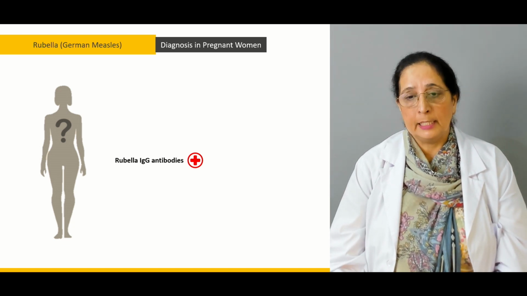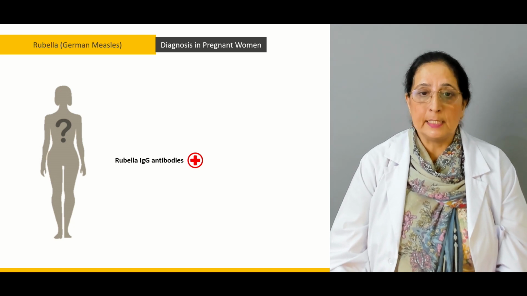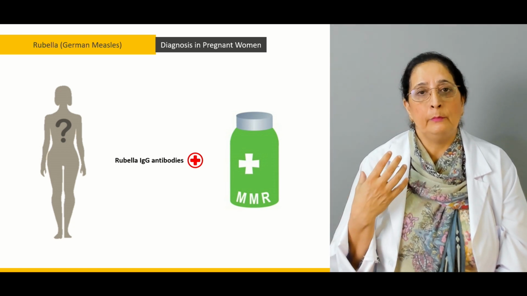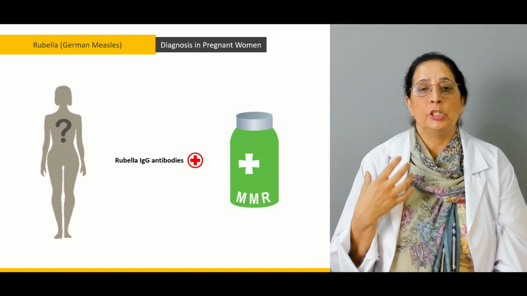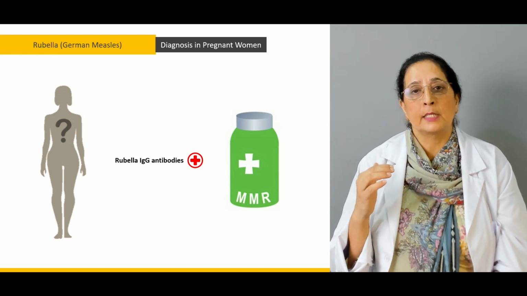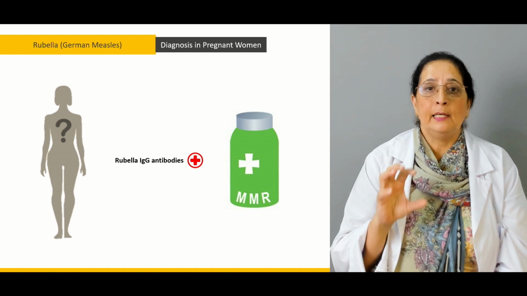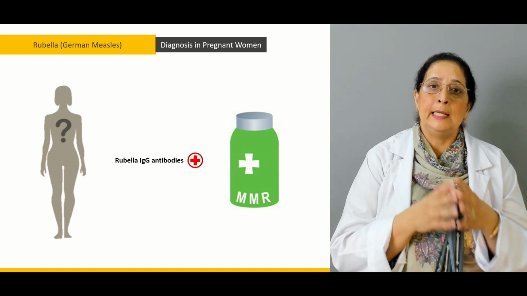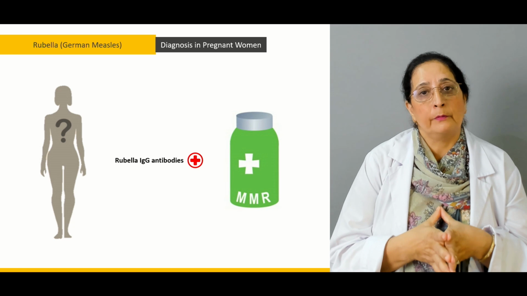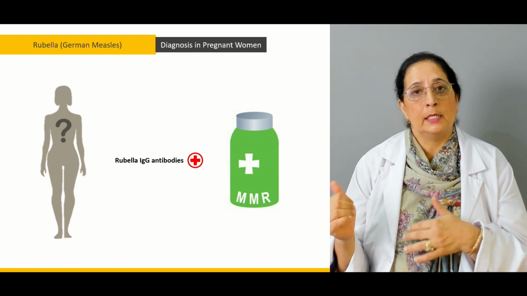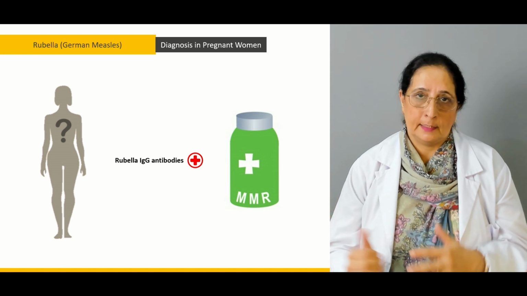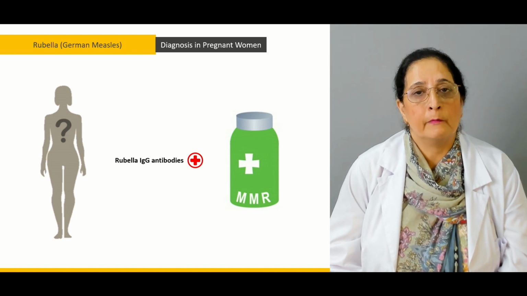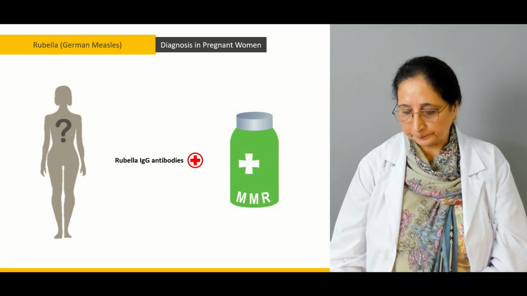MMR, measles, mumps, rubella, is the immunization, the vaccination, used for measles, mumps, and rubella. It covers 3 infections. The first dose is given routinely at 12 to 15 months of age, and the second dose is given at 4 to 6 years, and it is quite effective in the prevention of measles, mumps, and rubella.